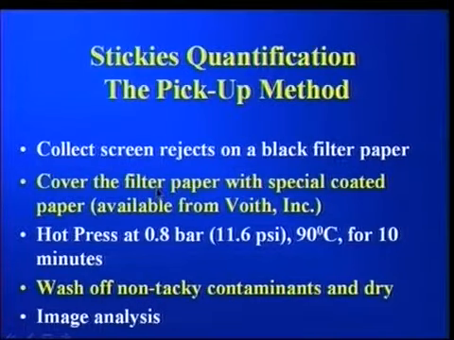This filter paper is subsequently covered with a special coated paper, and you hot press it at high temperature and pressure. Subsequently, you remove the coated paper, and the coating material will be picked up by the stickies. Excess coating is washed off, and white specks are measured on a black background using image analysis.